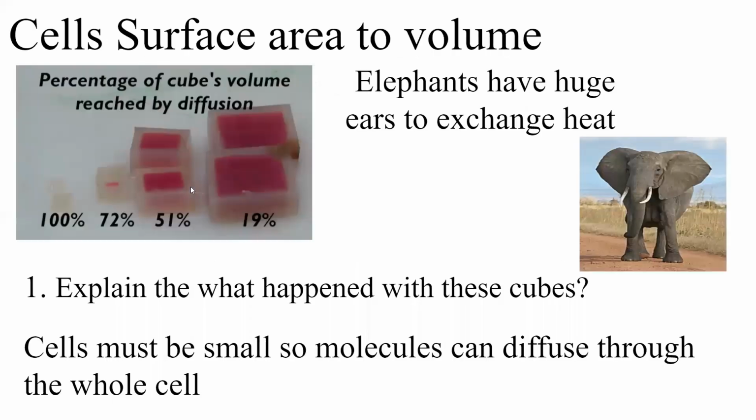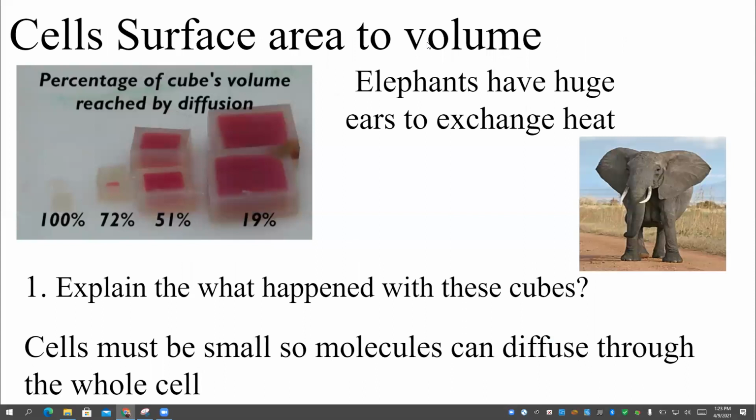And then something we haven't talked about too much, but something I wanted to bring up here while we're here, and we'll hit it again later in the year, but this seems like a reasonable time to cover it, even if it's in a review, is cell surface area to volume ratios, where the reason cells are small is because the smaller you are, the more easily things can diffuse throughout you. So in this cube here, if we have really big cells, we could pretend these are cells, but they're cubes.